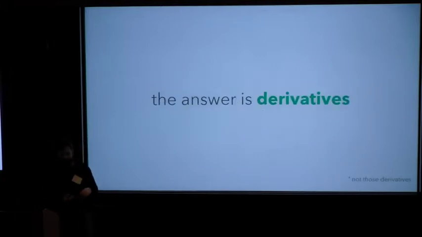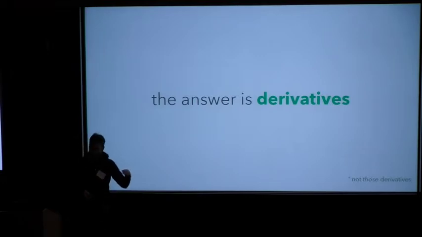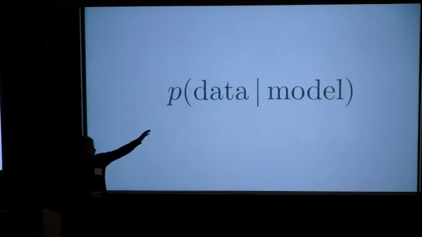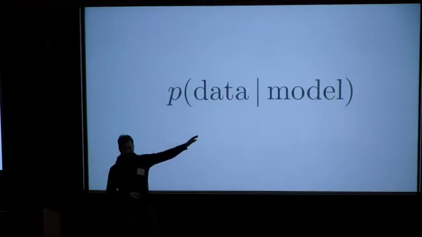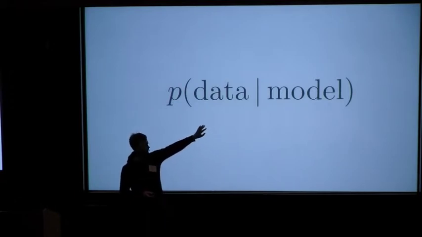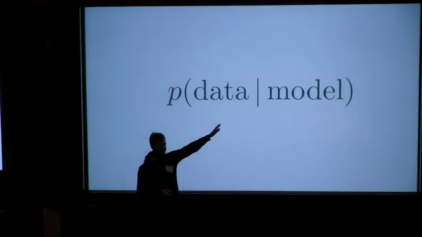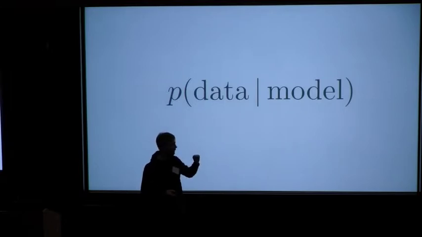The answer, as far as I'm concerned these days, is derivatives. And when I say derivatives here, what I mean is we have this function. This actually isn't the same function. I realized this as I was going through my slides this morning. This is the likelihood function, but whatever. This is normally the computationally expensive part of your model.